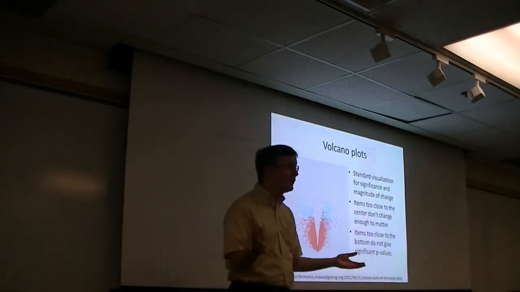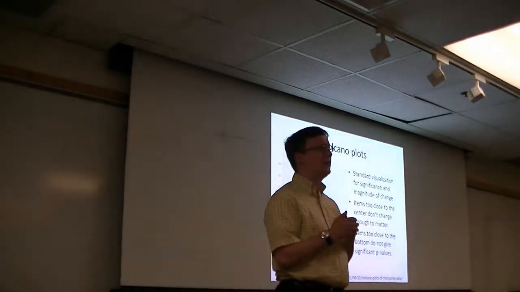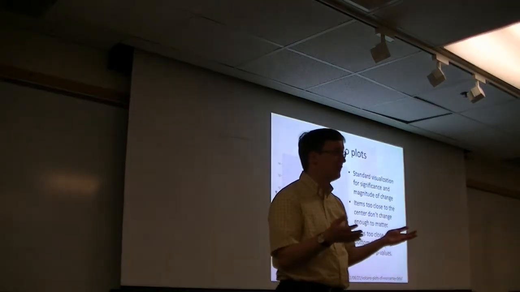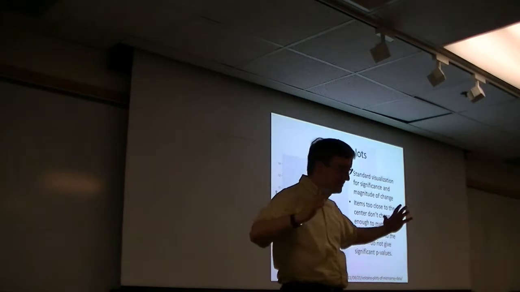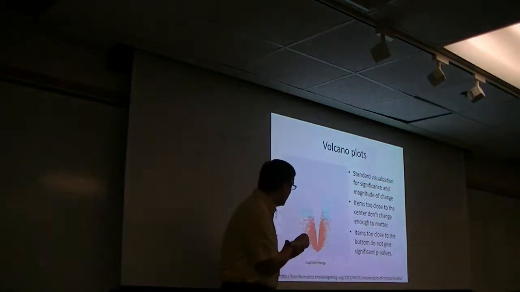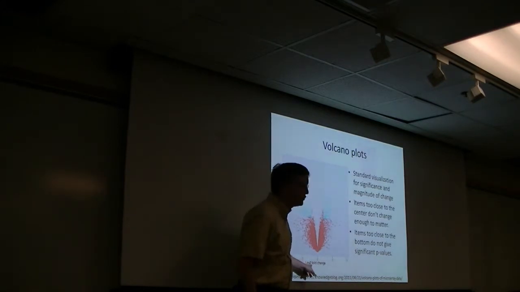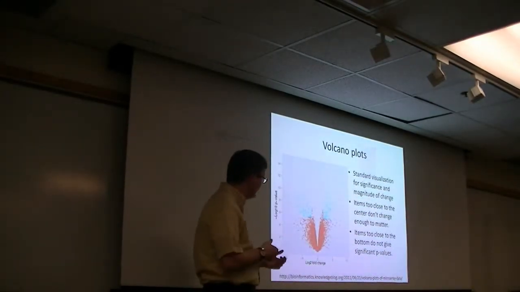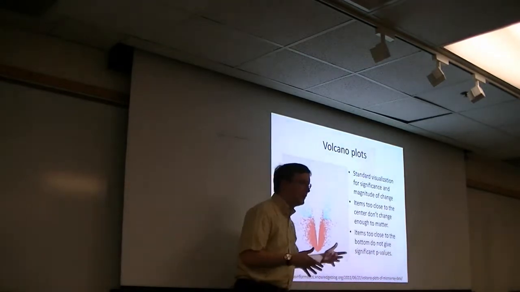If you have a 10-to-1 ratio in something, it looks much different than 5-to-1 if you do them on a linear scale. But if you're doing them in log scale, that big distance kind of flattens out. Essentially, you can think of a log fold change as being a way to flatten out all that distance.